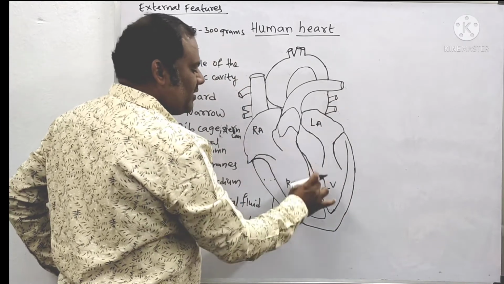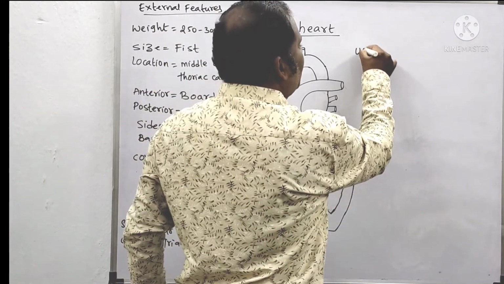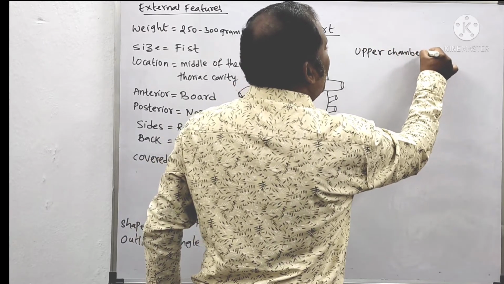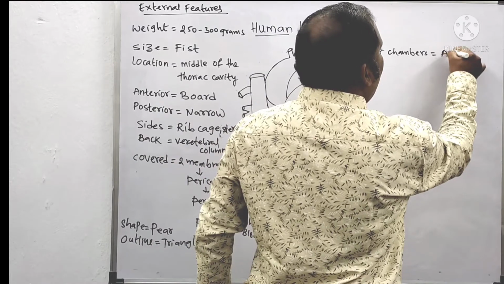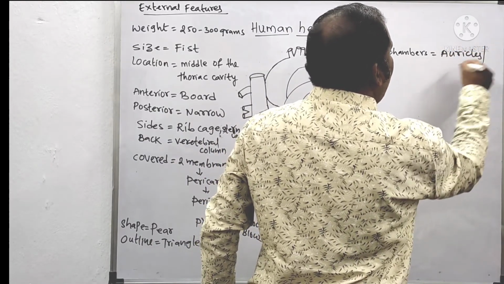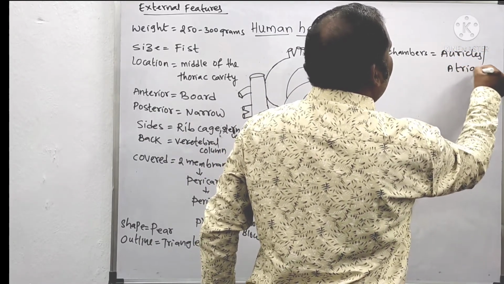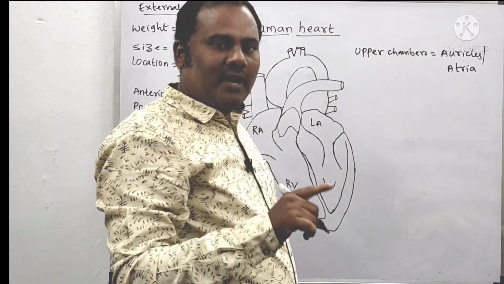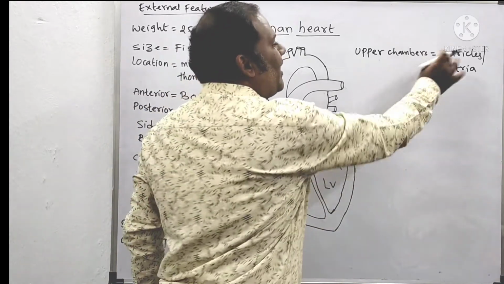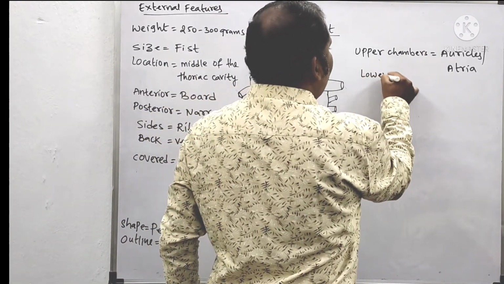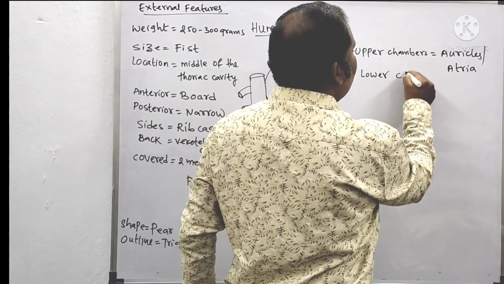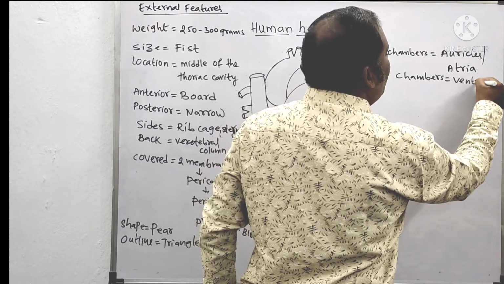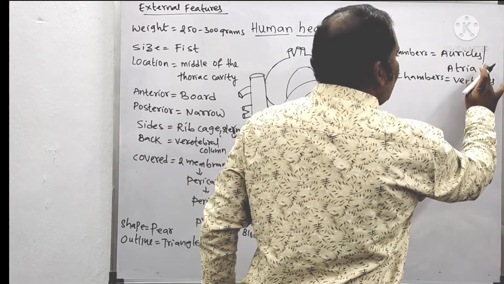So the upper chambers are called auricles, or also atria. Singular is atrium; plural is atria or auricles. The lower chambers are called ventricles. There is no other name for this, only ventricles.